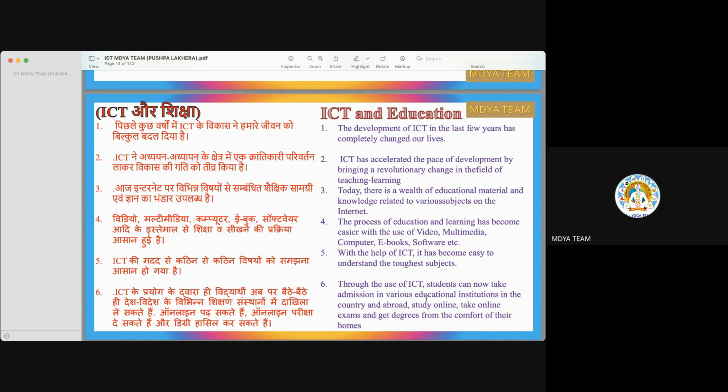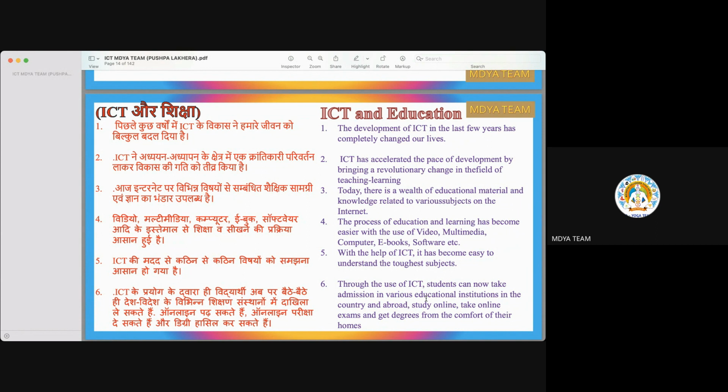Through the internet, nothing is impossible. You can get some knowledge or idea about whatever you want to face, whatever you want to know. The process of education and learning has become easier with the use of video and multimedia. You can see other people, you can chat directly, you can discuss, you can interact with people who have this knowledge but are not with you.